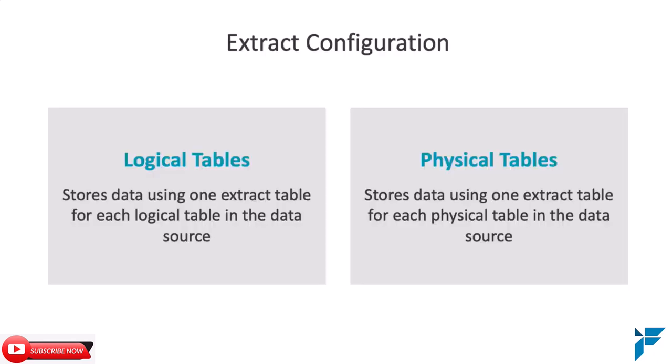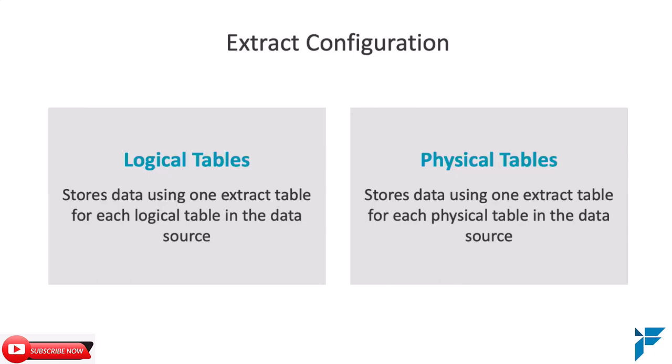You can configure your extracts to tell Tableau how it should store and limit the amount of data in your extracts. With the introduction of logical tables and physical tables in the Tableau data model in version 2020.2, extract storage options have changed from single and multiple table to logical and physical tables. You can choose to have Tableau store data in your extract using either logical tables or physical tables.